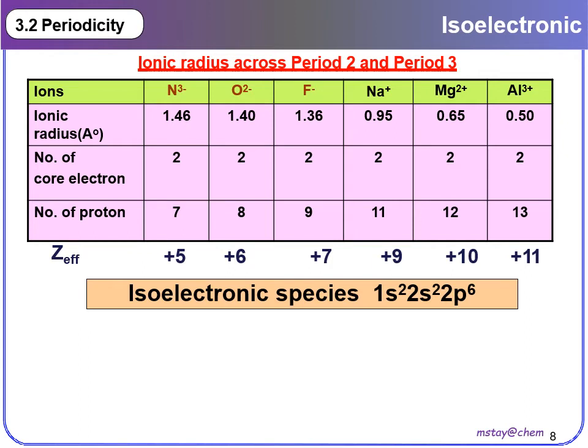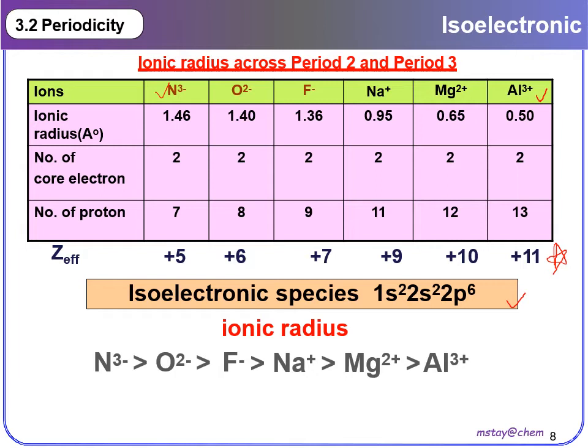Now we're gathering the information above on the slide, and we just focus on nitride ion N3 negative up to aluminium 3 plus, because all these species are isoelectronic species. This is the effective nuclear charge that we just calculated. Based on this effective nuclear charge, we can arrange the ionic radius in order of decreasing ionic radius.